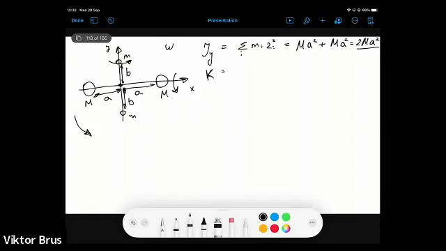So it will be 1/2 times Iy times omega squared. So here we get 1/2 times 2m a squared times omega squared. And eventually we get m times a squared times omega squared. So that is kinetic energy for this rotation about axis y.